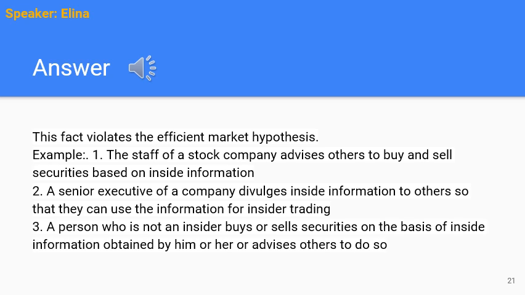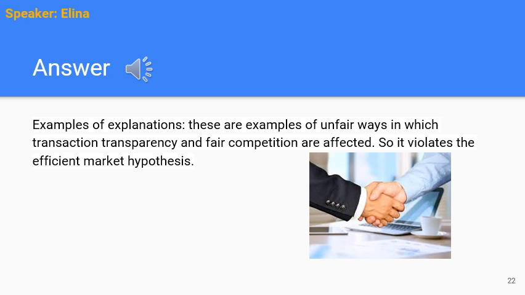A person who is not an insider buys or sells securities on the basis of information obtained by him or her. These are examples where transparency and fair competition are affected. So it validates the efficient market hypothesis.